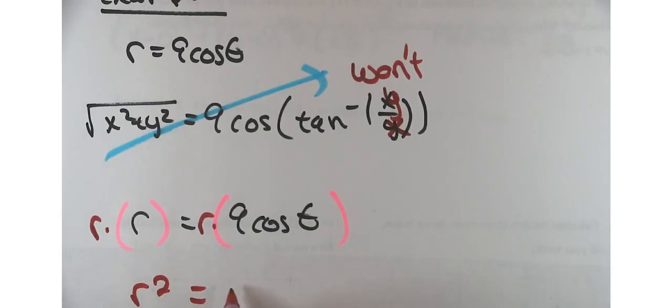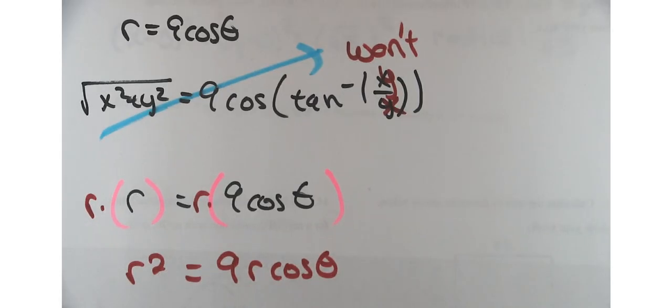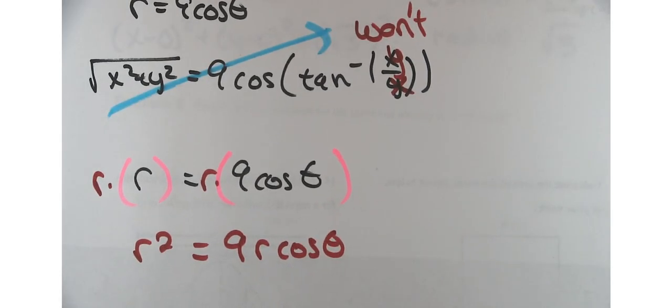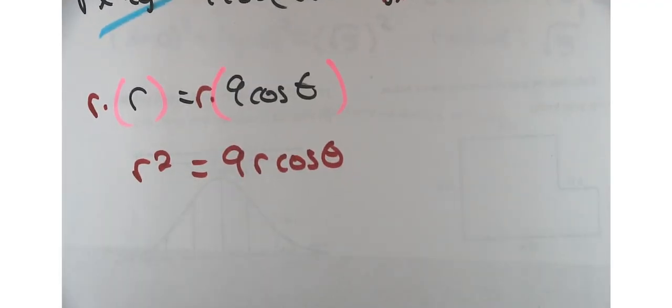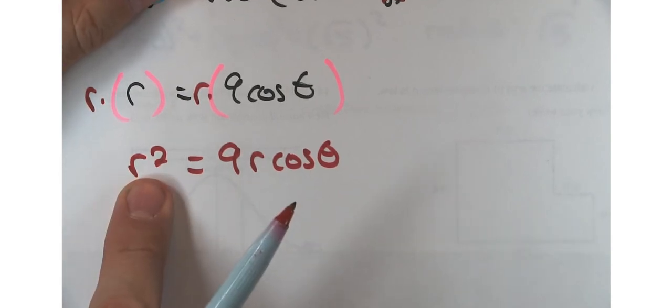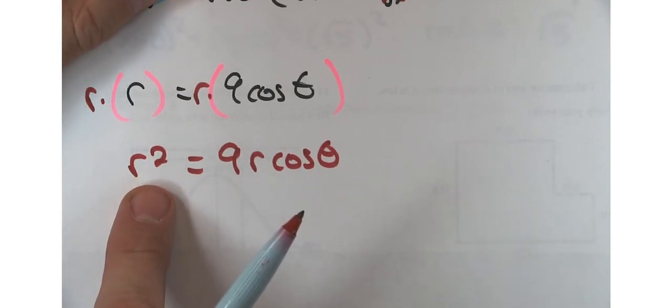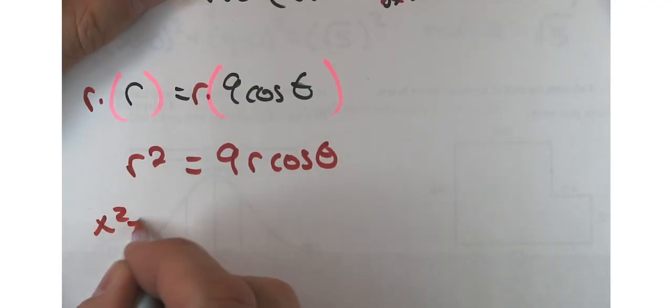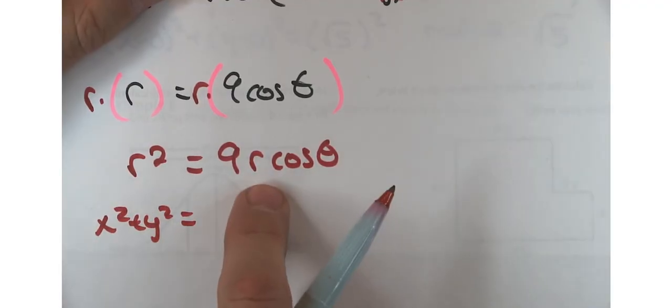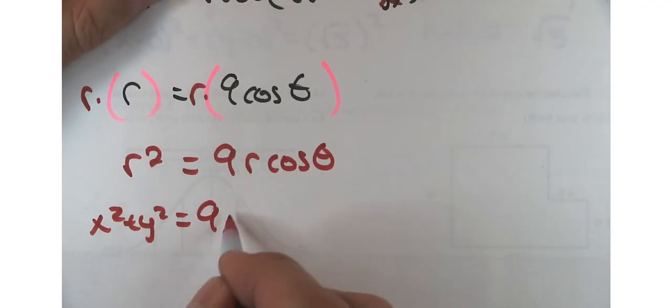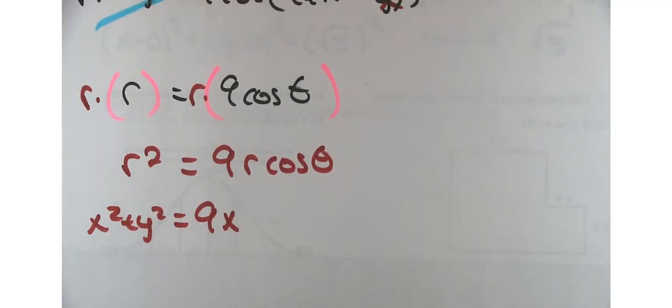The right-hand side is 9r cosine of theta. And I claim that's a little bit better. So how is that better? Well, I can solve for x and y a little bit easier now. What can I replace r squared with? x squared plus y squared. And on the right-hand side, this is really 9x. So, yay, that's nice.